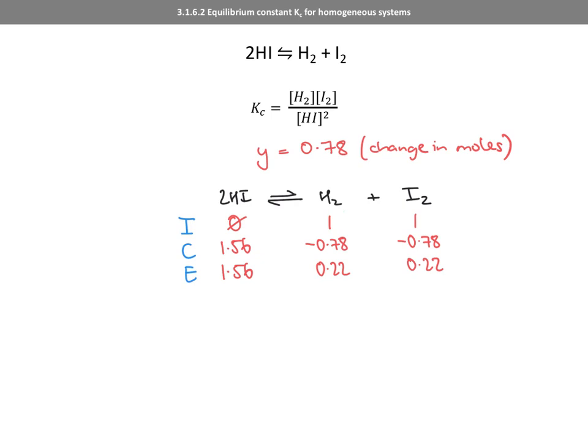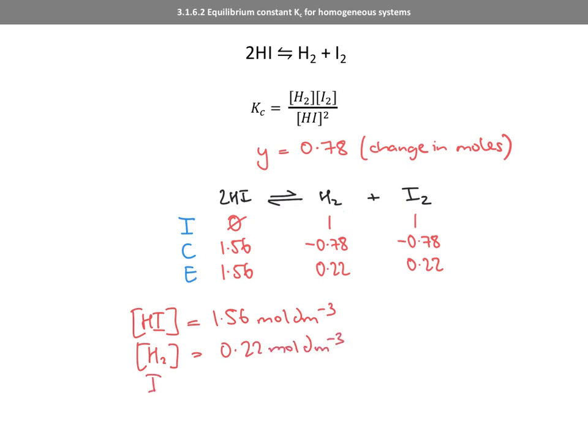So our concentration of hydrogen iodide at equilibrium is going to equal 1.56 moles per decimeter cubed. For hydrogen, it's going to be 0.22 moles per decimeter cubed. And then finally, for the iodine, it's going to be 0.22 moles per decimeter cubed.